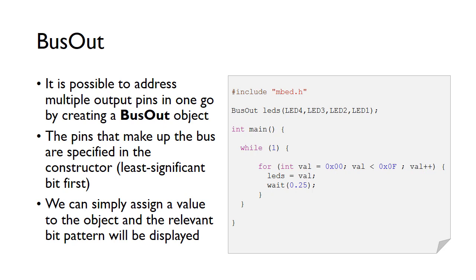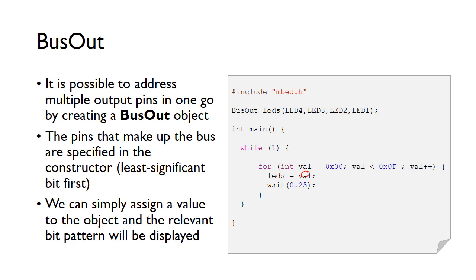Again, wait, increment, LEDs will be 2, 3, 4, and that'll just keep repeating until we get to 15. After that, we're at the end of the loop, so we'll break out of this for loop, go back to the beginning, and it'll start back at 0 again. So this bus is just going to count through 0, 1, 2, 3, up to 15, then 0, 1, 2, 3, 4, 5, up to 15, and so on.